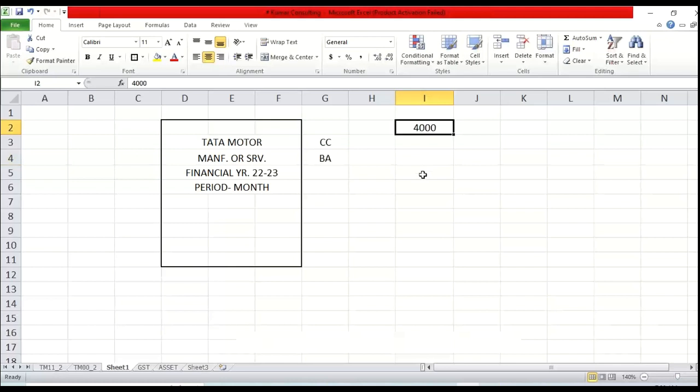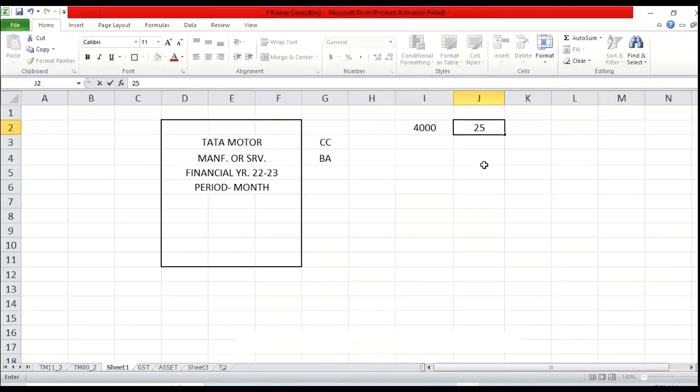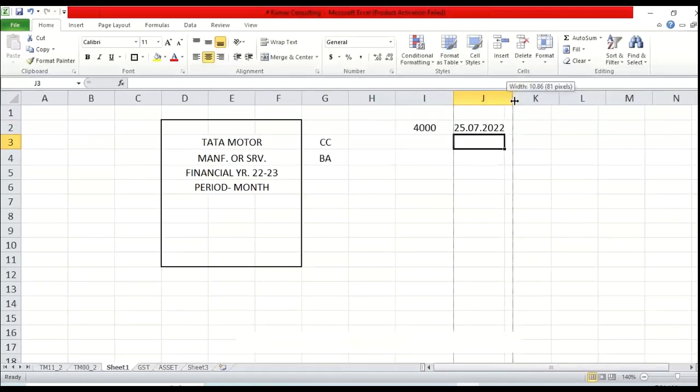Let's suppose we have received it from a vendor. So this invoice we have received on, say for example, this date.